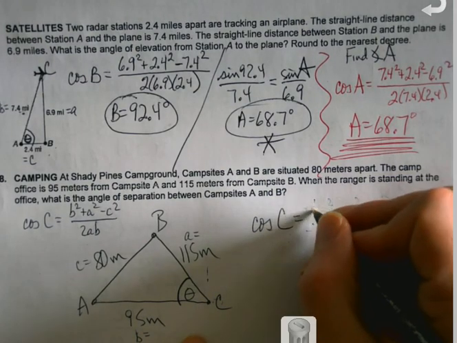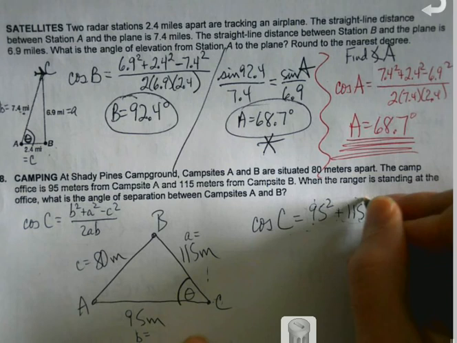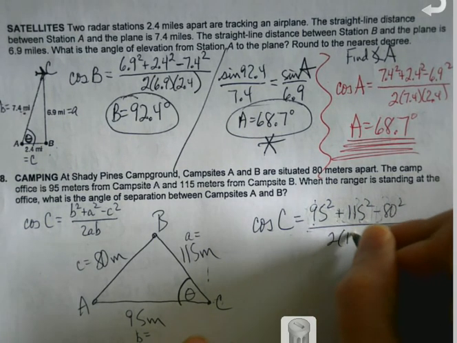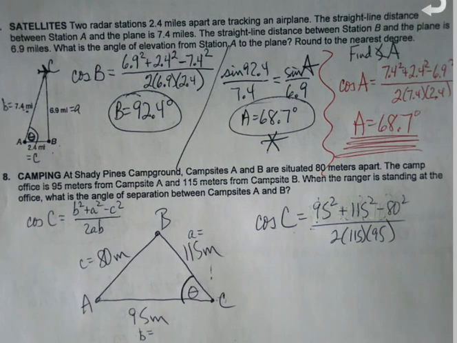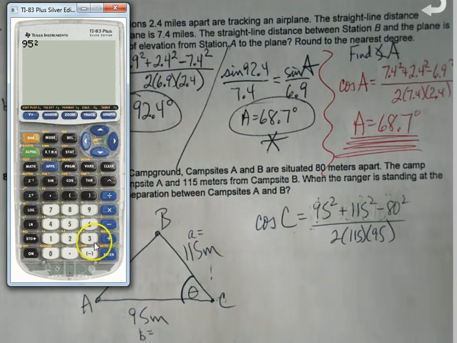So, B squared plus A squared minus C squared over 2AB. Now we're in business. Keep myself out of trouble now.